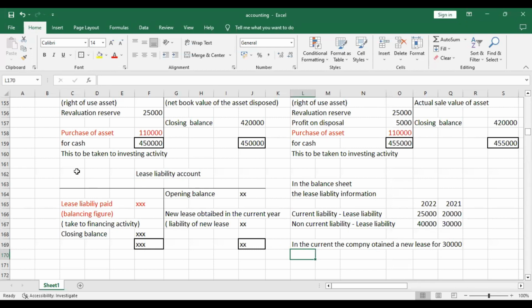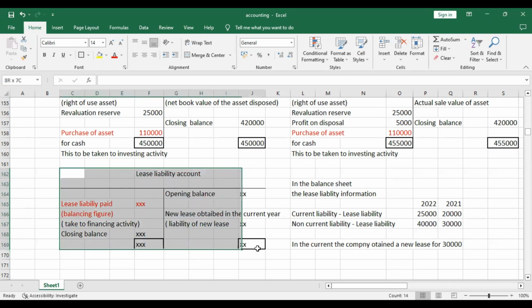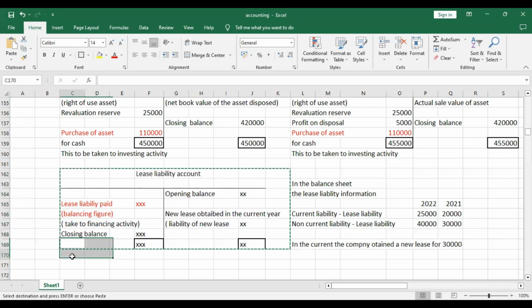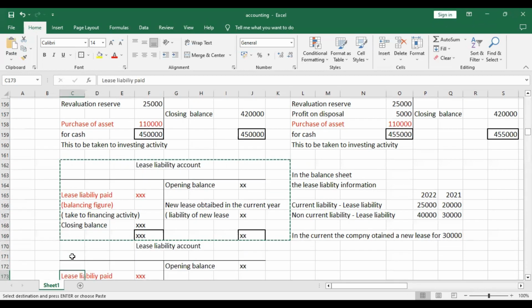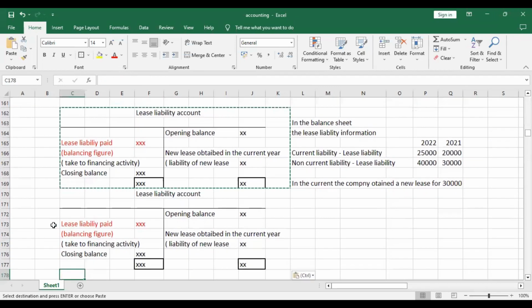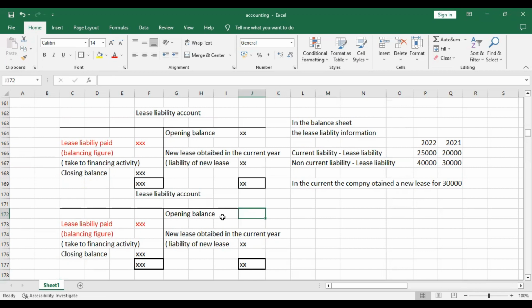Now, let me copy the same thing, and wherever it is relevant, we change the information. Lease liability. Opening balance: you have a current liability, you have a non-current liability. Current liability, how much is given to you? Opening balance is last year. How much is it last year? 20,000.